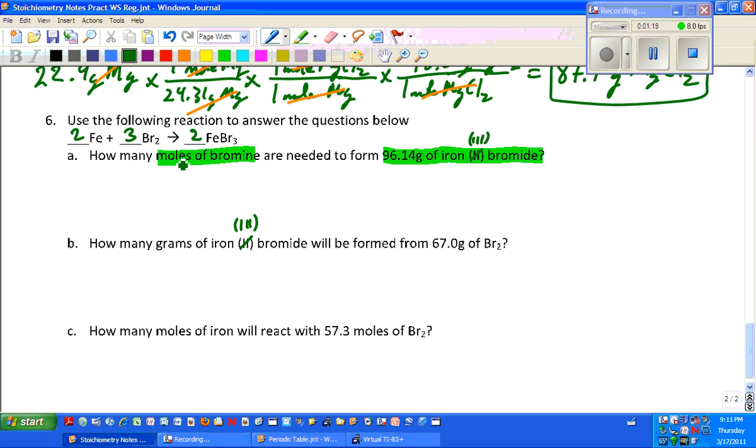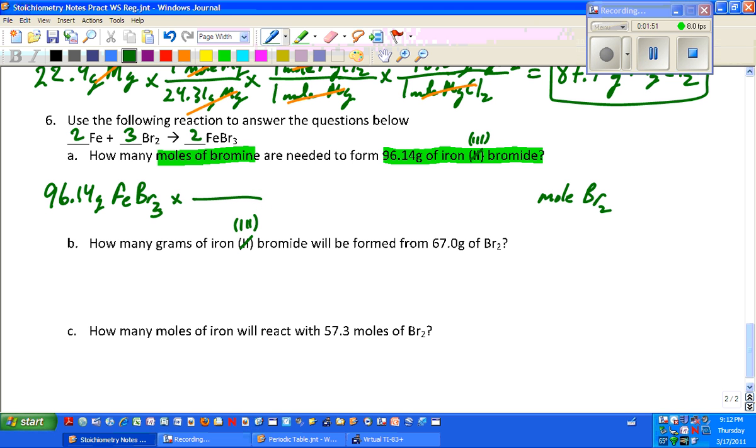It's a mass-mole problem because I'm starting with mass, grams, and ending with moles. So I'm going to write down my given, 96.14 grams of iron 3 bromide, and my unknown is moles of bromine.